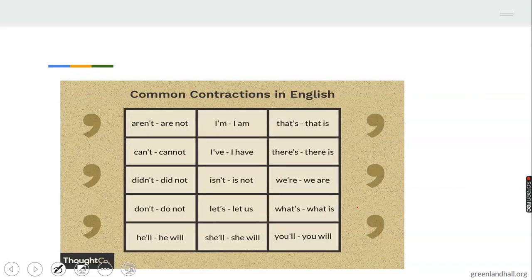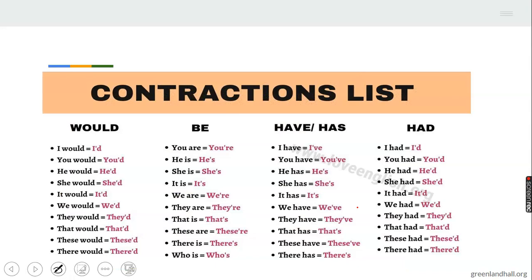Okay, we have the same thing here again. Okay, we still have them all over here again. Just take a look at them. That's just what contraction is. Instead of two words, you combine them, you join them. Now, instead of two, it is one. Some letters have been omitted.